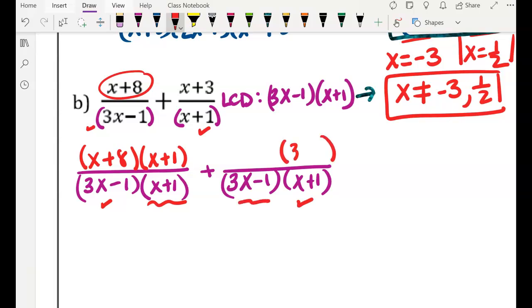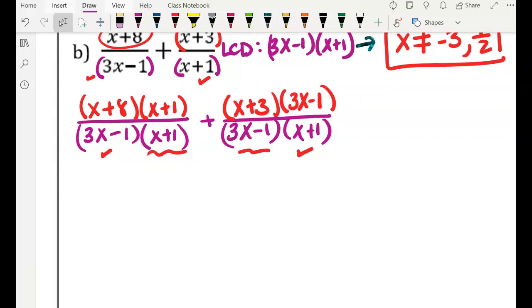So we multiply that to the denominator, so now we will multiply the numerator with 3x minus 1. So we're going to drop down the x plus 3 times 3x minus 1. Since now our two fractions have identical denominators, we will copy it and make it just one fraction, students, okay?